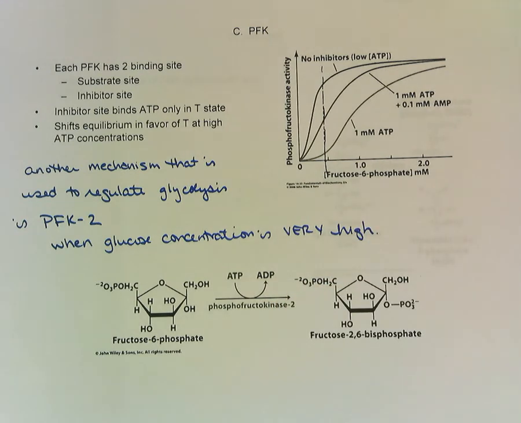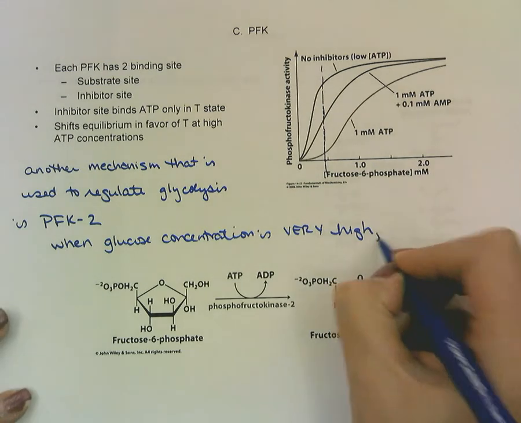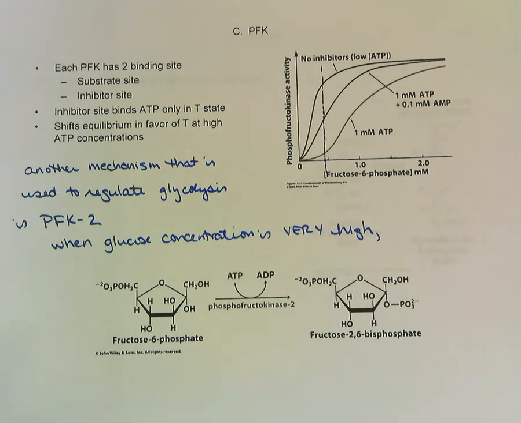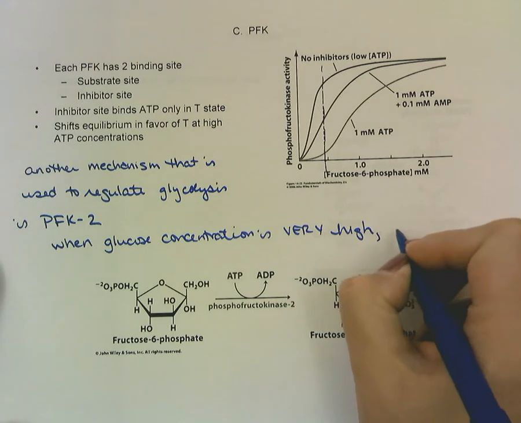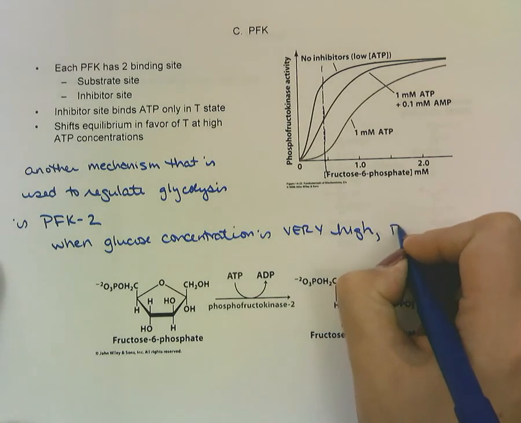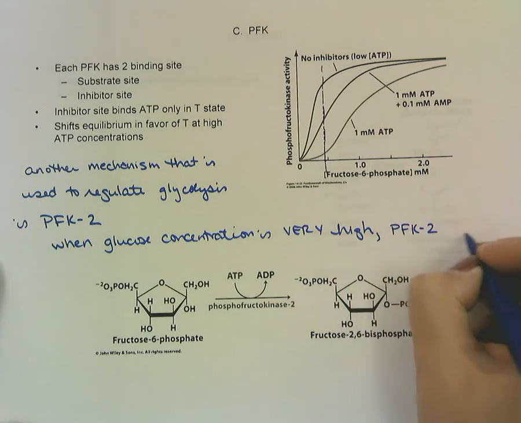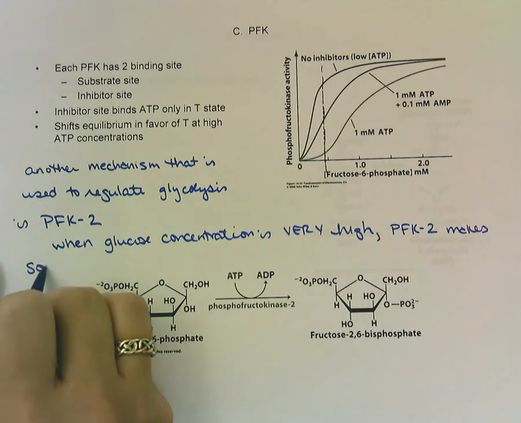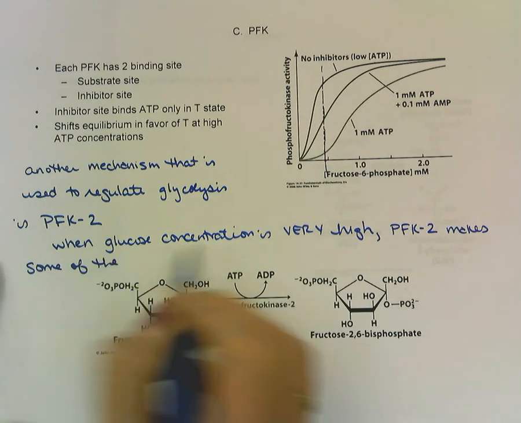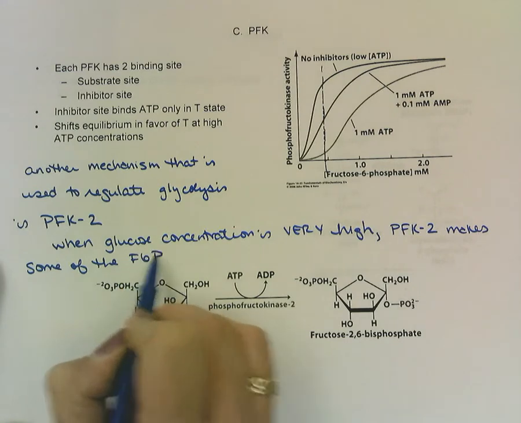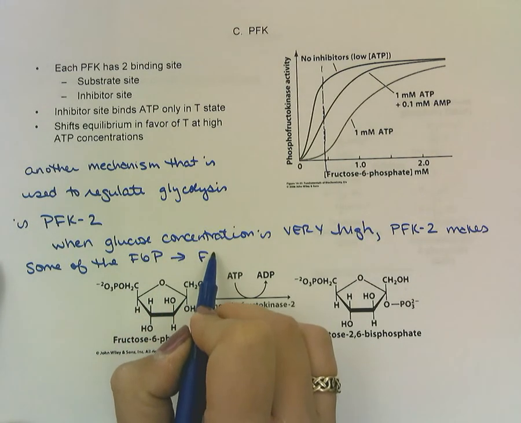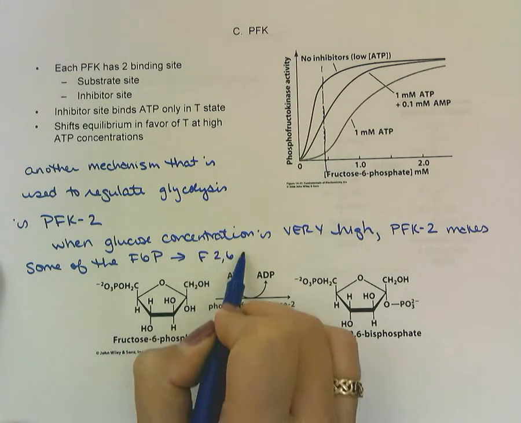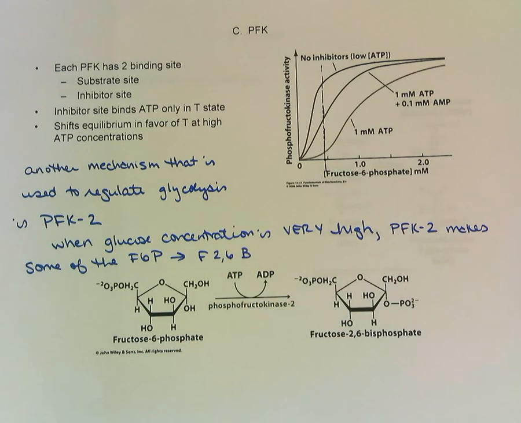So when glucose concentrations are very high, there's not a cool name for fructose 2,6.